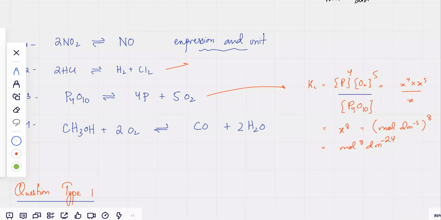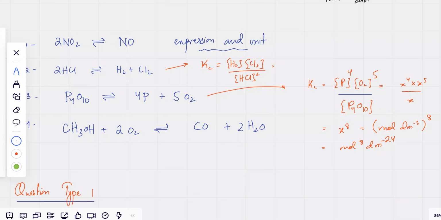The expression is going to be that you have Kc and the concentration of the products, which are H2 and Cl2. Those are your products, and that's going to be divided by the reactant, which is HCl, but there are two of them, so it's going to be squared.